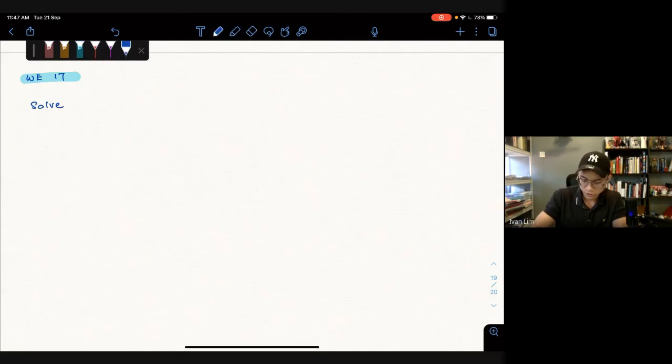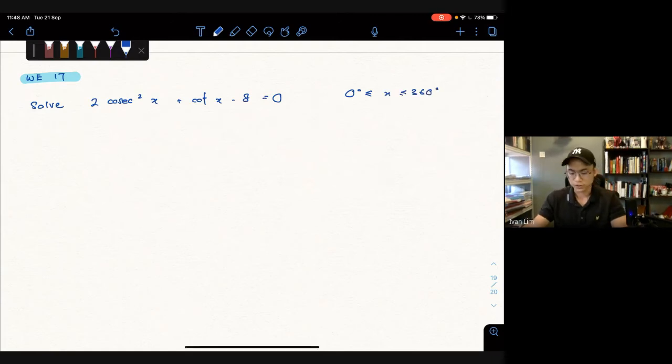Solve 2 cosecant square x plus cot x minus 8 equals 0 for 0 degrees to 360 degrees. Now you see it looks a little more complex already, but don't worry, it's doable.